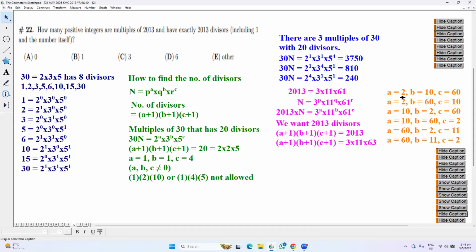So there are 6 cases: 2, 10, 60, or 2, 60, 10, or 10, 2, 60, or 10, 60, 2, or 60, 2, 10, or 60, 10, 2.